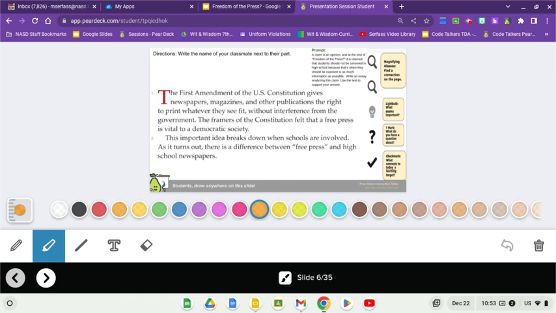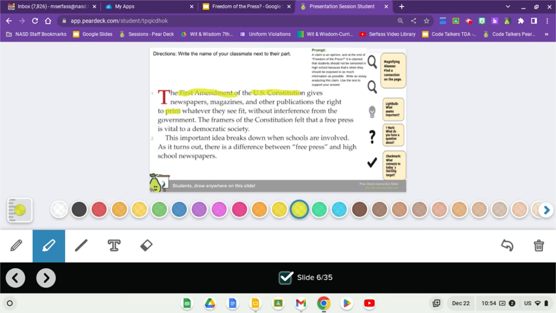All right? So, the second paragraph gives us our specific way of attacking the big ideas in the first paragraph. So, let's highlight the big ideas in the first paragraph. First Amendment, big idea. U.S. Constitution, big concept, right? Freedom of the press, which includes newspapers, magazines, and other publications, right?